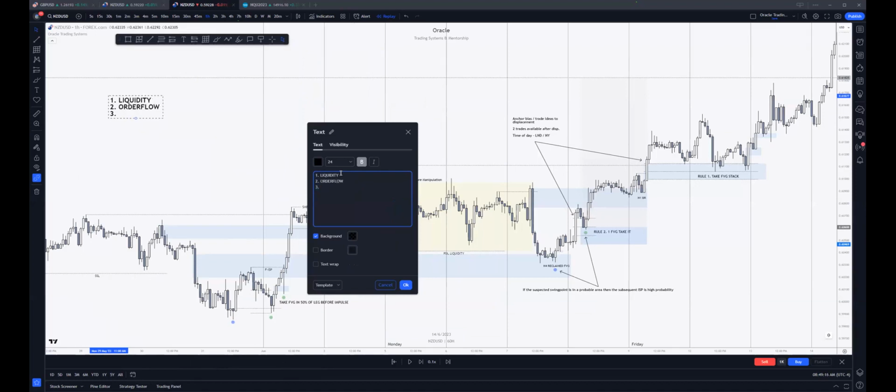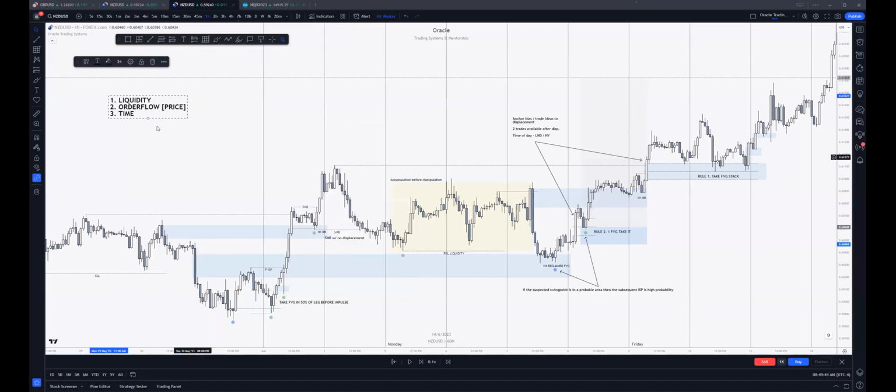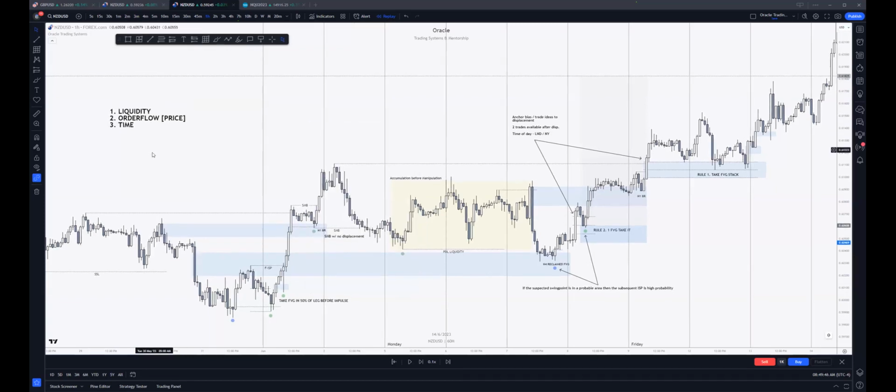So order flow, we can just call that price, right? And the third one, so we have liquidity, order flow. Displacement? No, that's part of order flow. Bias? Nope, bias is the accumulation of all three of these things. Time? Time, yes. Time, liquidity, and order flow.